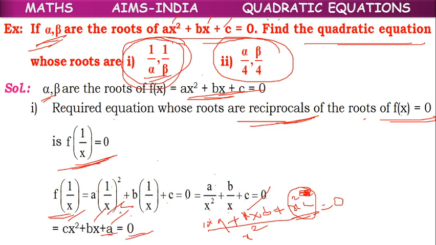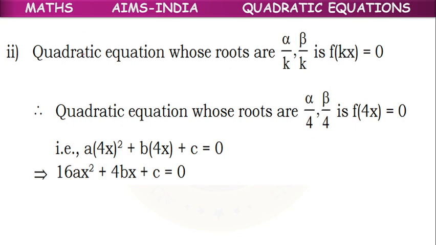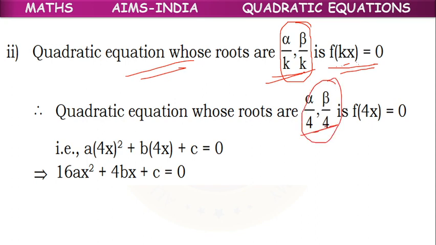Next, we have to find the equation whose roots are alpha by 4, beta by 4. Already we have told, if the roots are in the form of alpha by k, beta by k, then the new equation is f of kx. So the new equation is f of 4x, means in place of x we have to keep 4x.